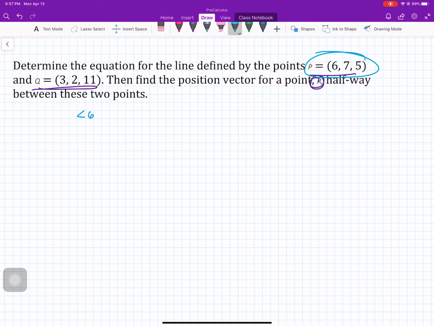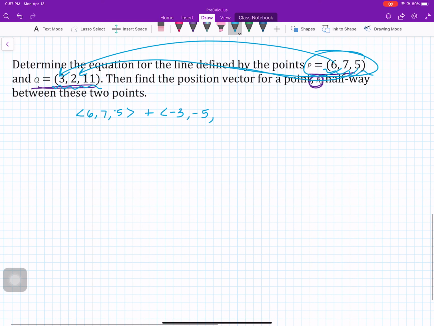So this is (6, 7, 5) plus, now let's look here and here. To get from 6 to 3, I have to go down 3. To get from 7 to 2, I have to go down 5. And then to get from 5 to 11, I go up 6.